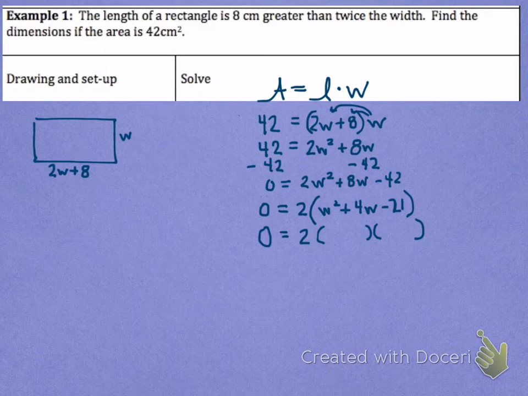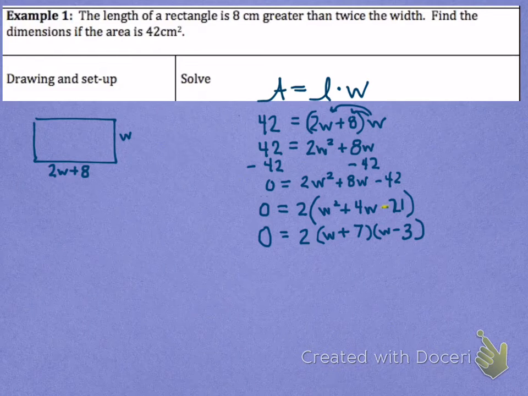The pattern would be that this is a minus, so I know I have alternating signs. I have my w, and one is going to be plus and one is going to be minus, and I'm looking for factors of 21 that will give me a positive 4. Of course I want my higher factor to be positive, so that's going to be the 7 and 3.